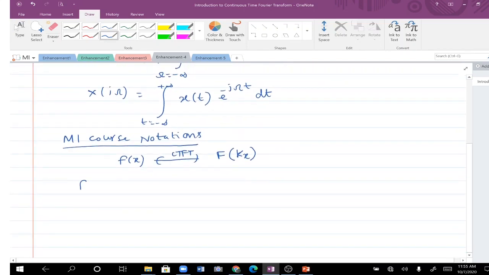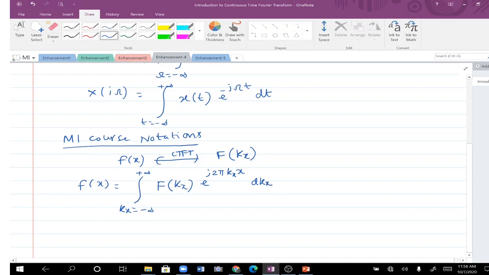So how could we write that now? Your f(x) would be equal to, now instead of ω you are calling it kx, varying from minus infinity to plus infinity, F(kx) multiplied by exponential of j 2π kx x, dkx.